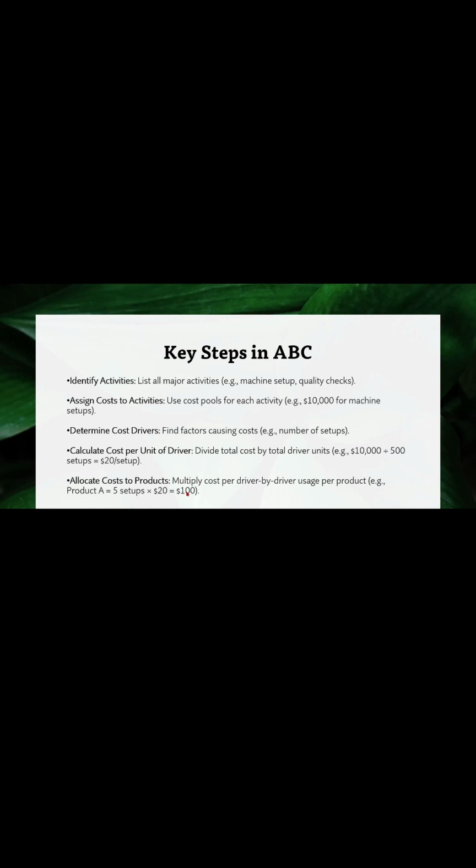Suppose to manufacture the product you are setting up the machine three times, that is generating the cost. That could be the activities, or quality checks, and after that you have to assign the cost to the activity. So you have to use a cost pool. Cost pool means you have to group the costs of similar nature into one pool. Okay, in a later slide we will discuss the cost pool and cost driver.